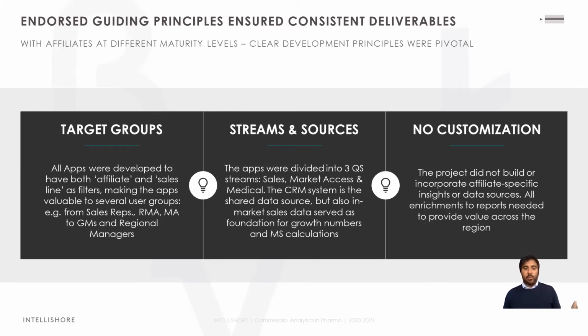It meant that when you roll out, everything that you do based on the requirement of one market needs to be applicable across. And in case there were requirements which were not valuable across markets, we managed that through the admin profiles who were then able to enrich these regional reports for local purposes.